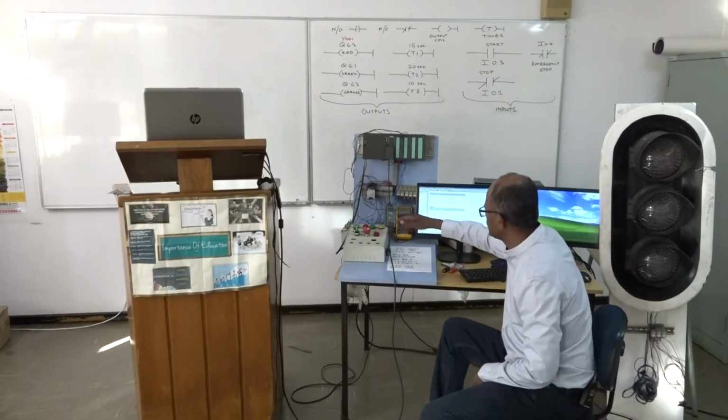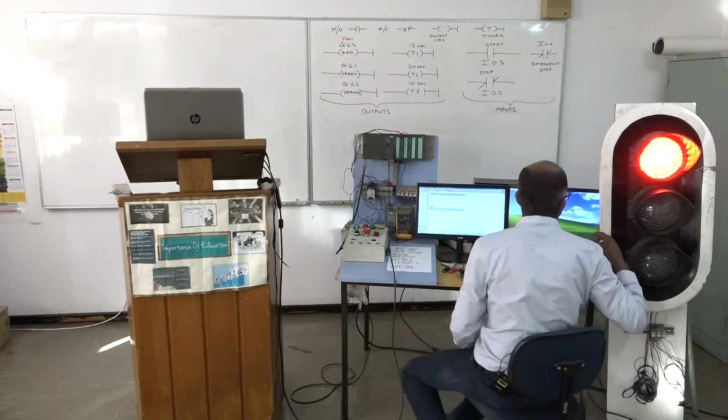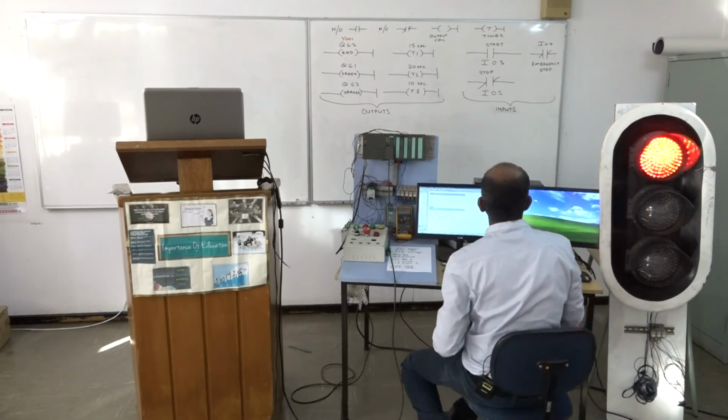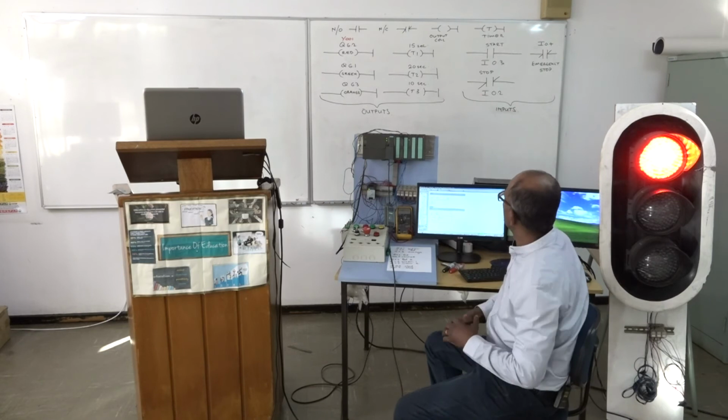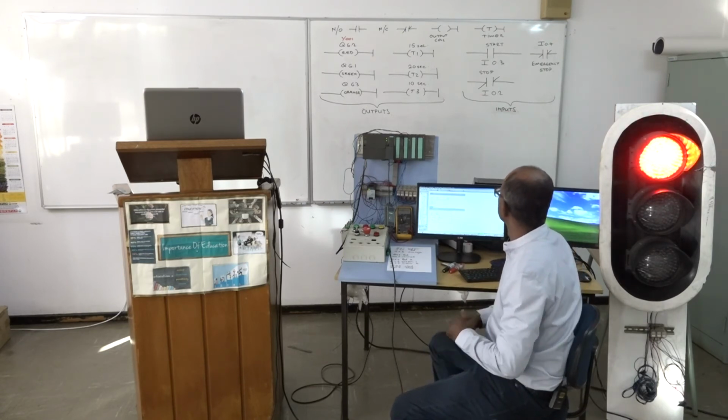If I press my start button again, let's have a look at my sequence thus far. It should show me the red light staying on for 15 seconds via T1, then the green light coming on for 20 seconds because of T2.